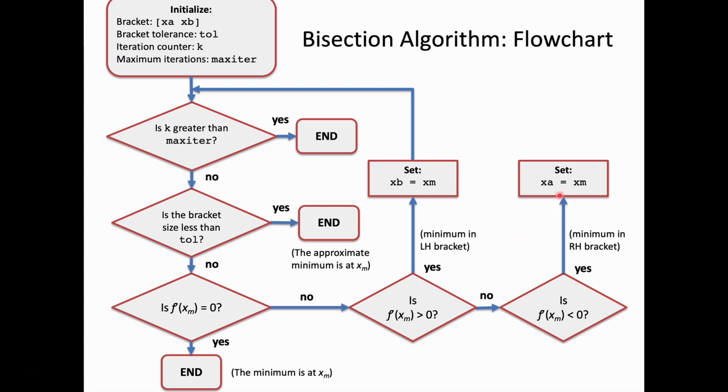So then we set xa, the left-hand limit of the bracket, to be equal to the midpoint. So now we are choosing to update the bracket to be the right-hand half-size bracket. Once we've done that, then we can go back to the beginning.